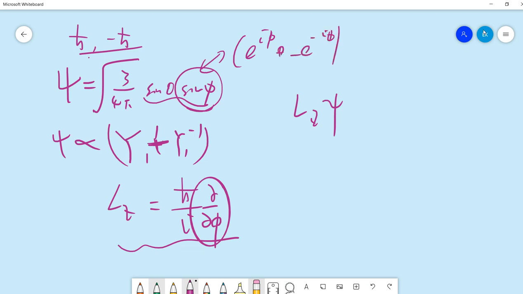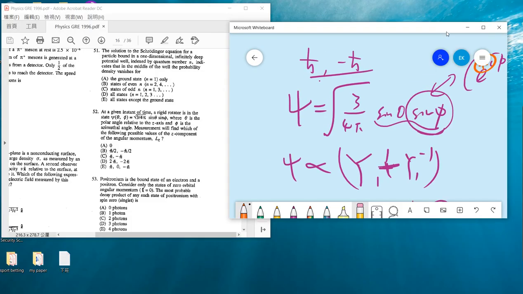So you know that the possible eigenvalues for Lz are this one and this one, plus or minus, and then there's h bar divided by here. So you need h bar or minus h bar. So the answer is C. If you don't remember the spherical harmonics, at least you remember the form of the Lz differential operator. So either of the two can solve this question.